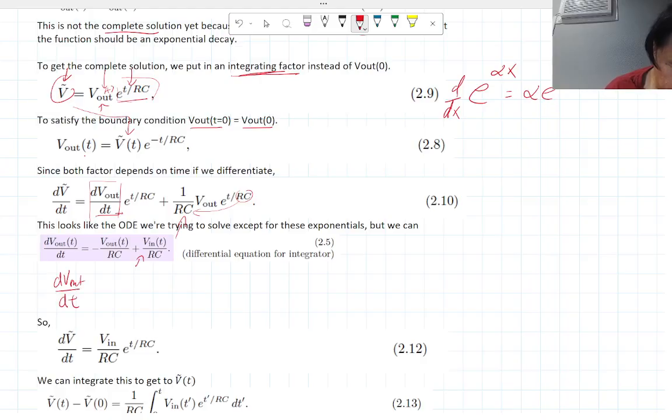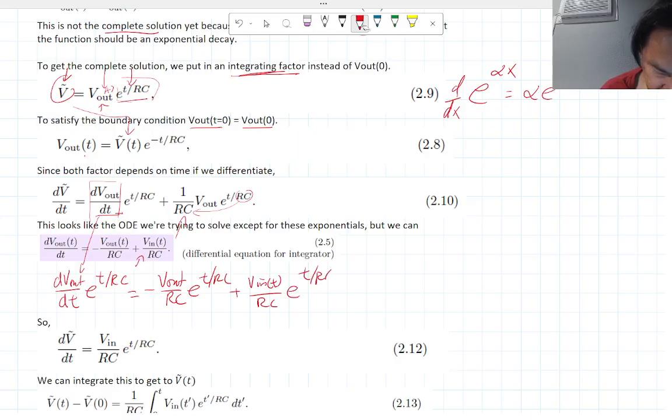Which basically gets us this term, equal to negative V out over RC times e to the t over RC, plus V in over RC times e to the t over RC.